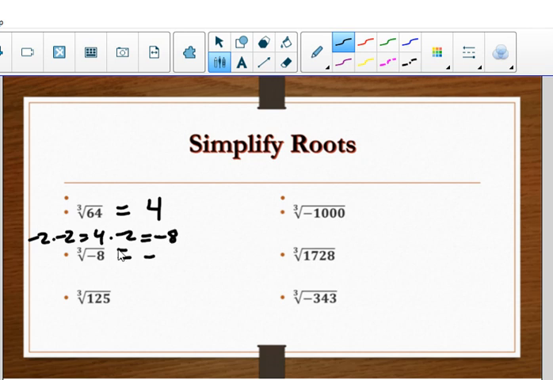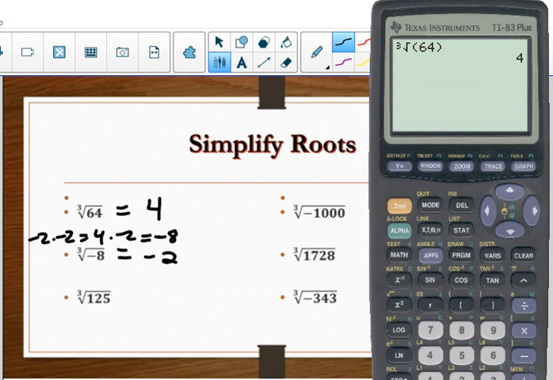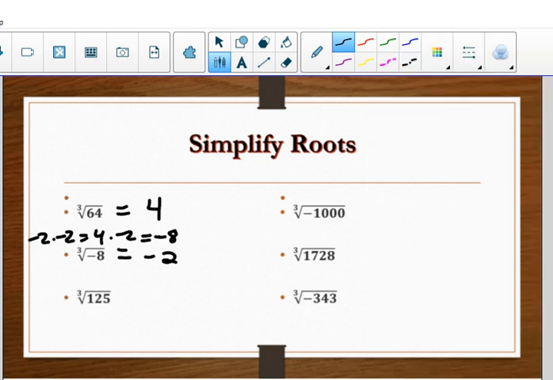So this would have to be a -2. And again, we can check by using our calculator again. If we hit the math button, go to number 4, and then we type in -8, there you can see you get a -2.